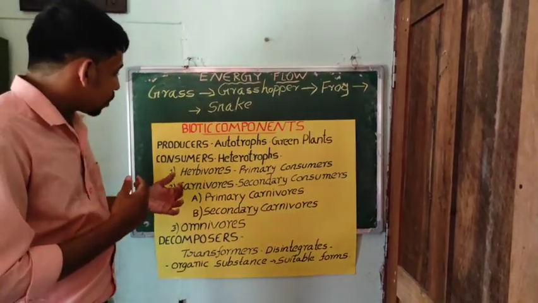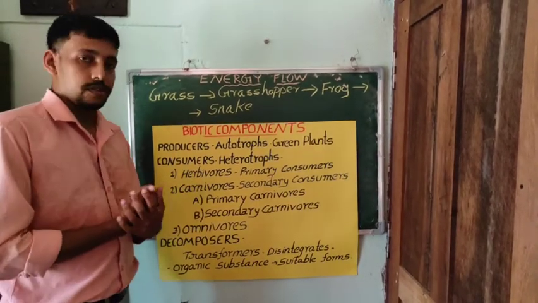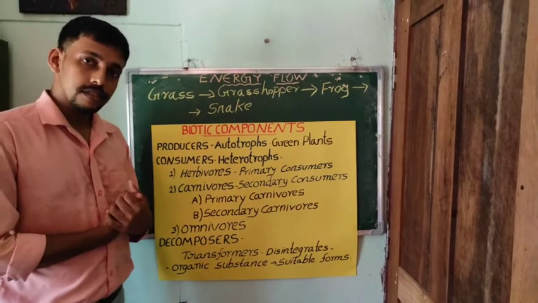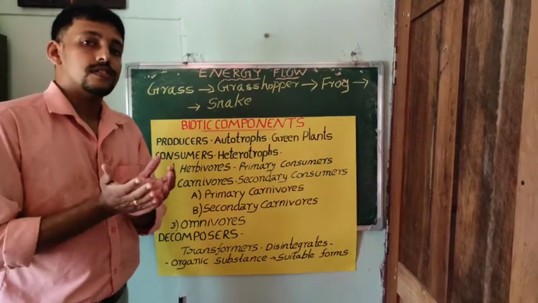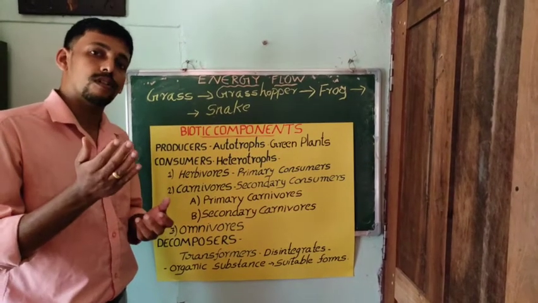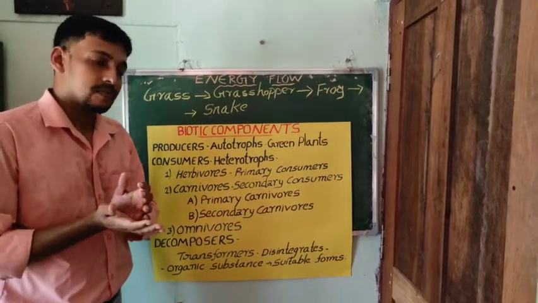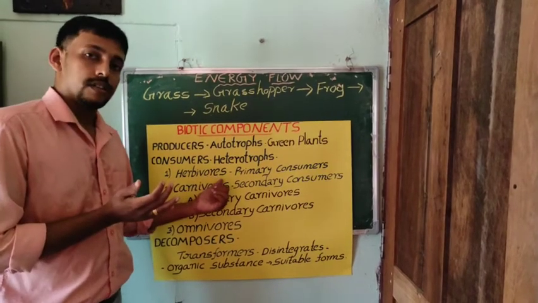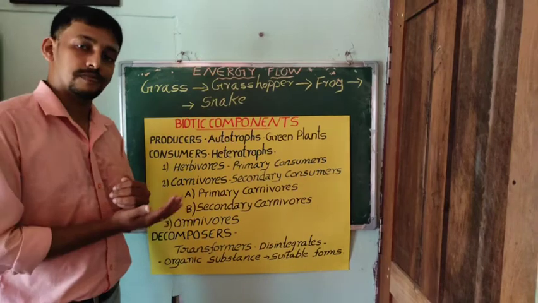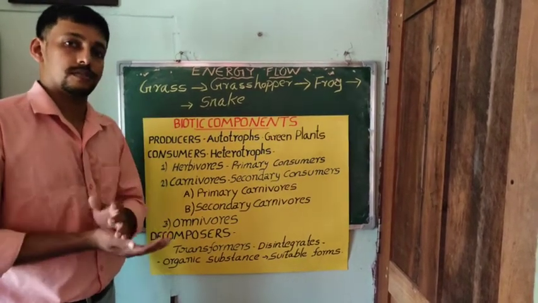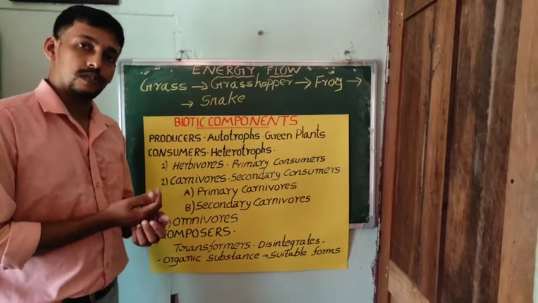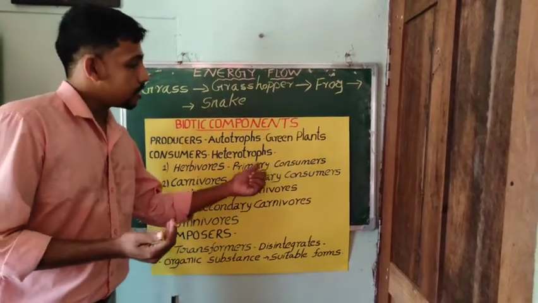And here also we can see different types of consumers. The first one is herbivores. They are animals which feed on the producers, that means the plant or the plant products. Such organisms are known as herbivores, or primary consumers.